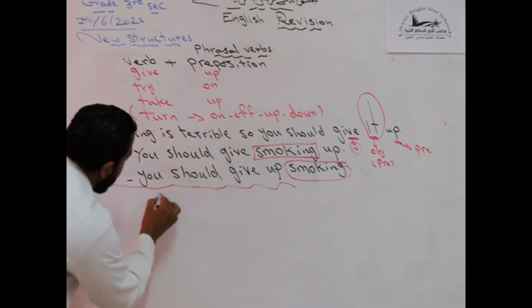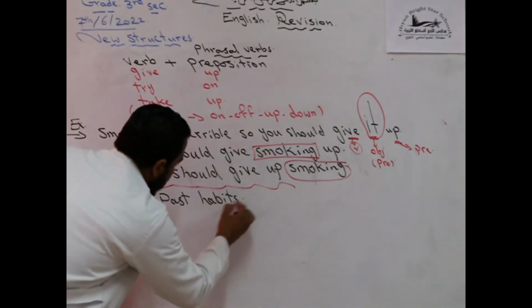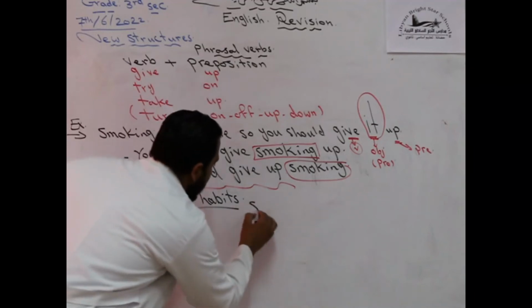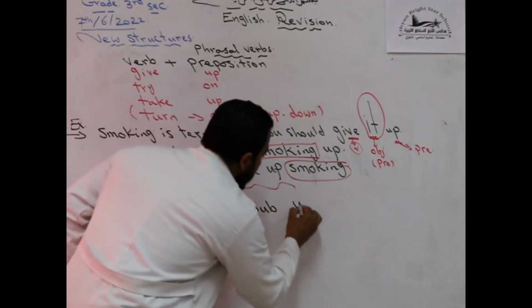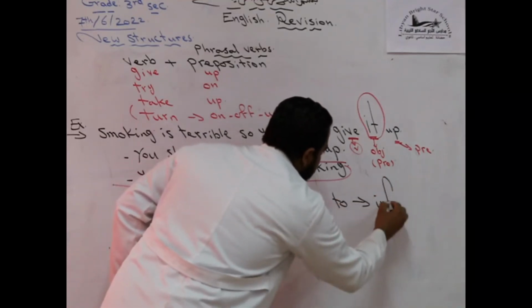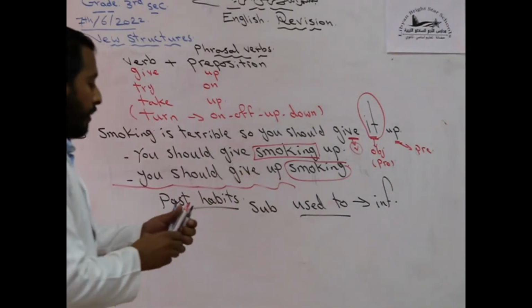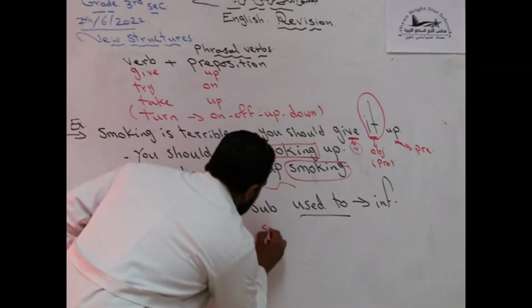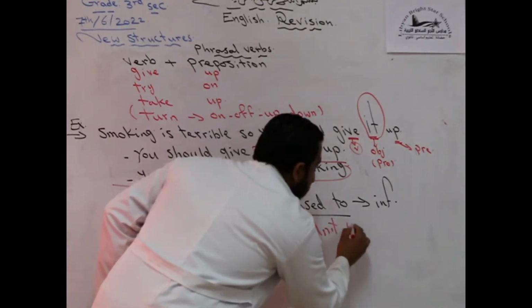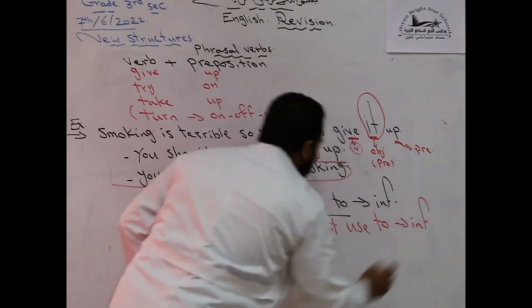How to talk about past habits? To talk about past habits, we can use subject, used to, followed by the verb in the infinitive form. How to form a negative with used to? Subject, didn't, use to, infinitive form.